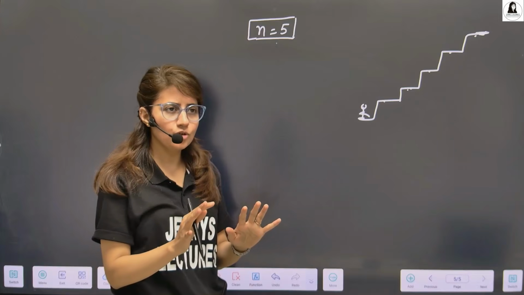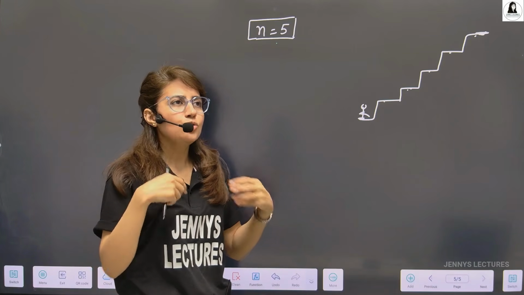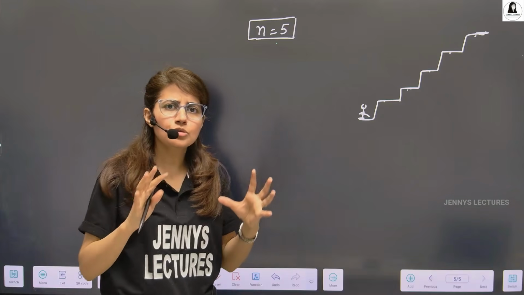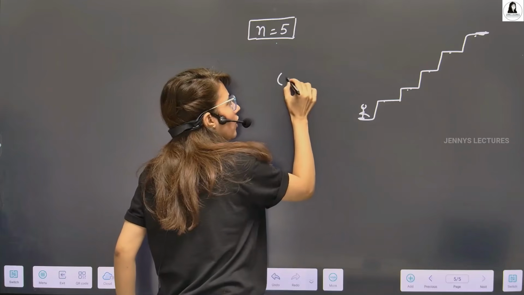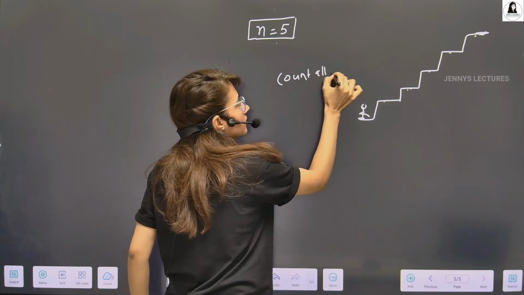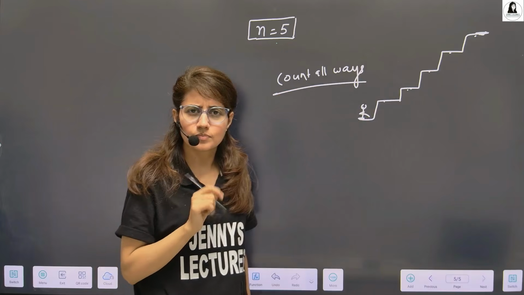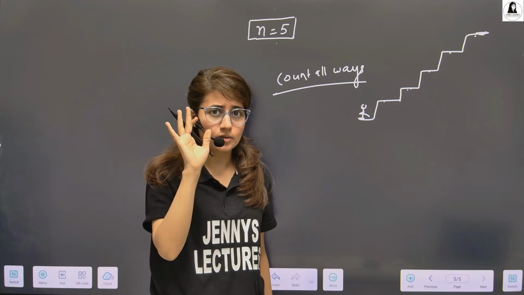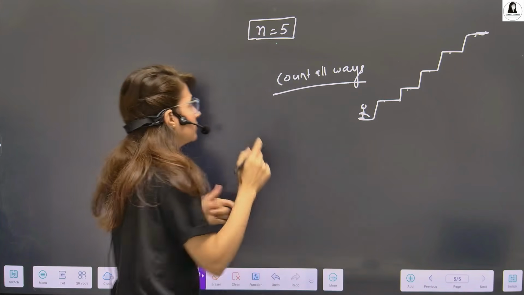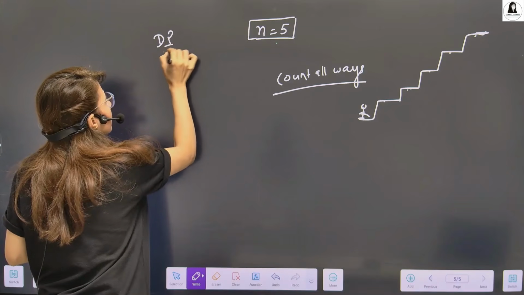You have to identify all the possible solutions, basically count all possible ways to solve this problem. That's one thing. I'm just telling you how to identify that it is a DP problem.